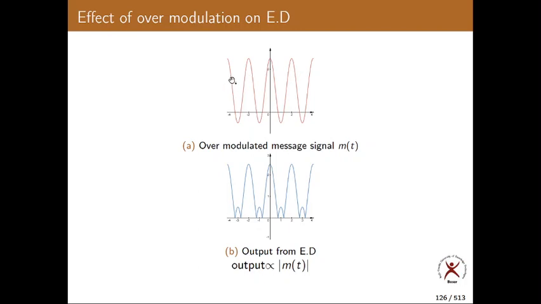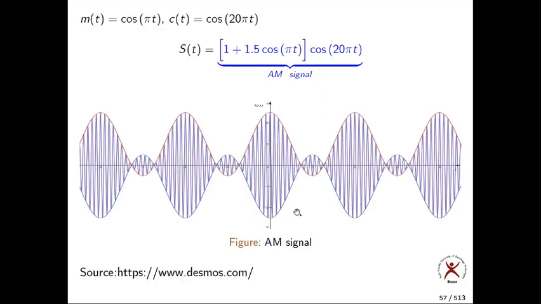In that case your envelope will be negative like this. So this is the over modulated AM signal where mu is more than 1.